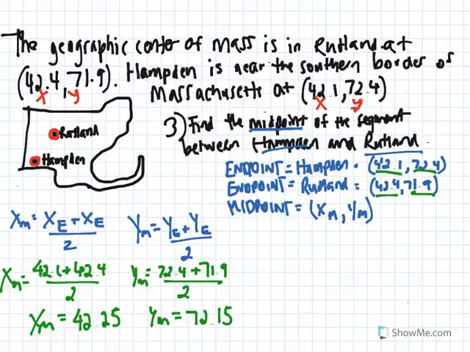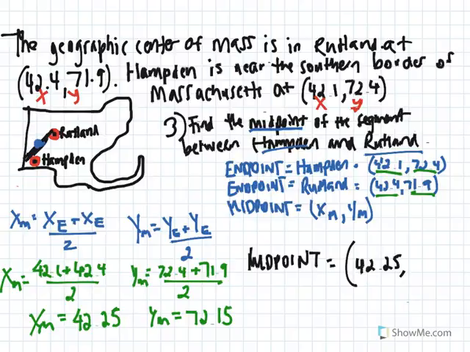Okay, so our answer, the midpoint between Hamden and Rutland, so the point that is halfway between these two, is 42.25, 72.15. All right, and we're done.